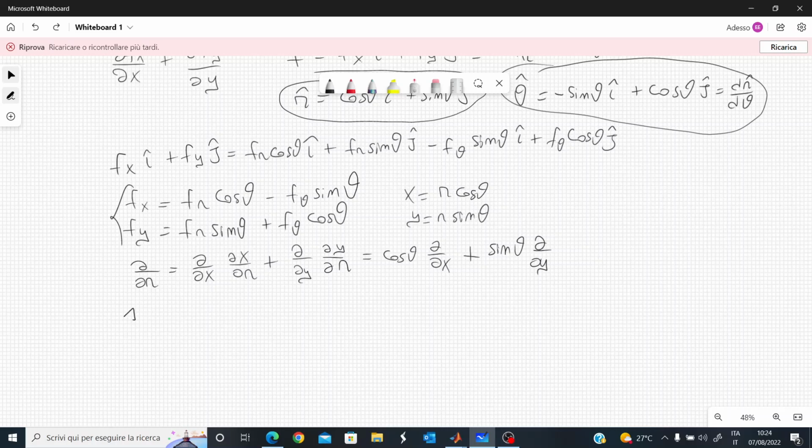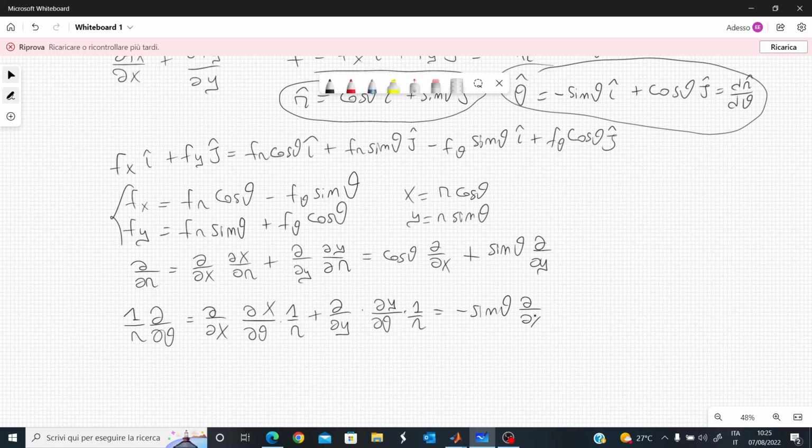Here, let me rewrite it as 1 over r d over d theta. This becomes d over dx, dx over d theta times 1 over r, plus d over dy, dy over d theta times 1 over r, and this is equal to minus sine theta d over dx plus cosine theta d over dy.